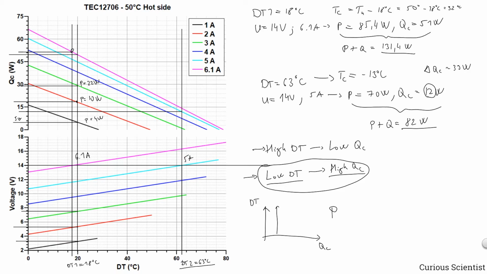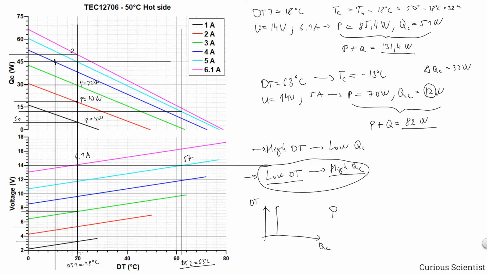So here you can see that, for example, if I draw a linear line at 45 watts, you can see that with 1, 2, 3 amps you cannot even reach that high cooling power. So you have to go more than 3 point something watts. So here you can have some DT which is let's say 13 degrees, but you need 4 amps for that.